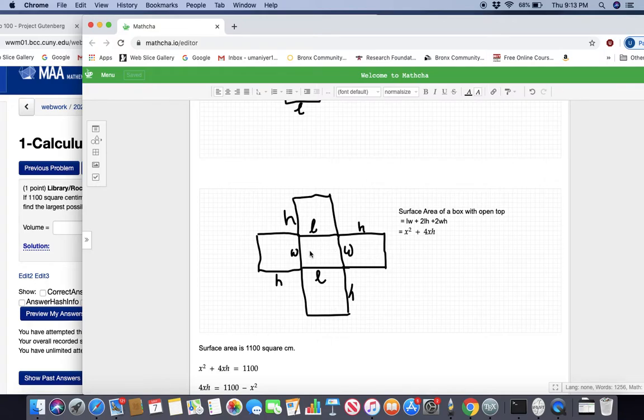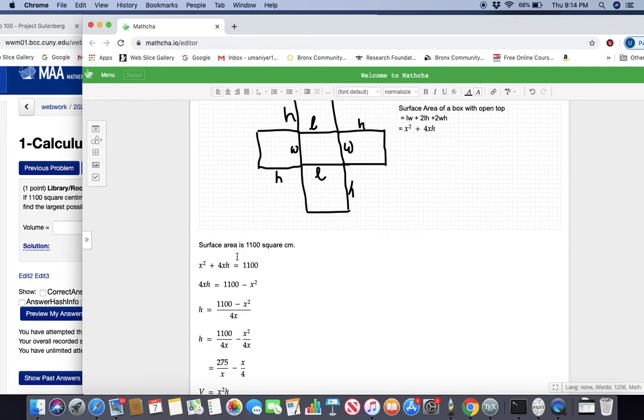Total area is the area of the base, length times width, plus 2 times LH, so this rectangle and this rectangle, and then W times H, twice of that. But L and W, length and width, are both x. So LW is x squared, LH is xh, WH is also xh. So in all, 2 and 2, 4xh. So that is my surface area.